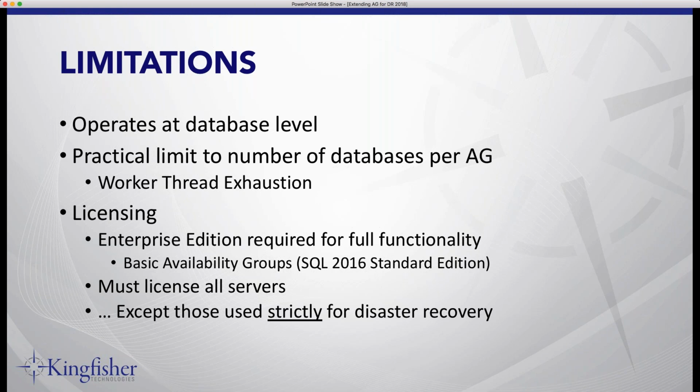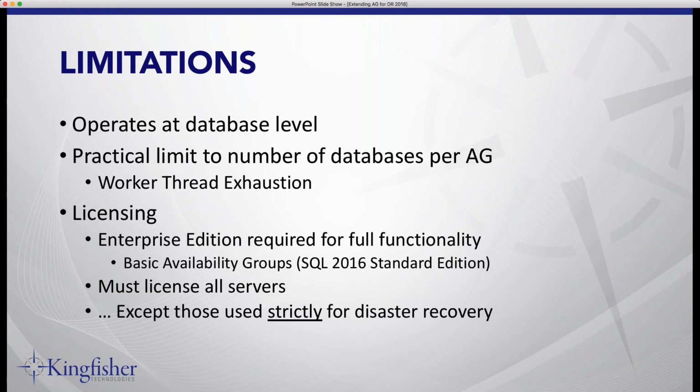For the most part, people probably are not going to reach that limit, but it is something you need to be aware of as you try to use an availability group with a large server. This is also limited to Enterprise Edition for the most part. You can have a basic availability group now in SQL 2016 and higher, which is similar in concept to database mirroring, and then it's limited to one primary and one secondary, and there's a few other limitations to that as well.